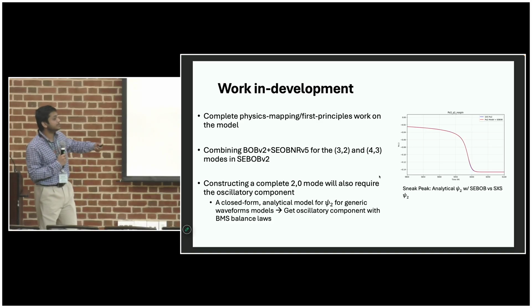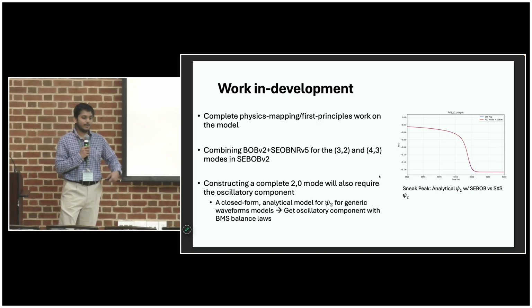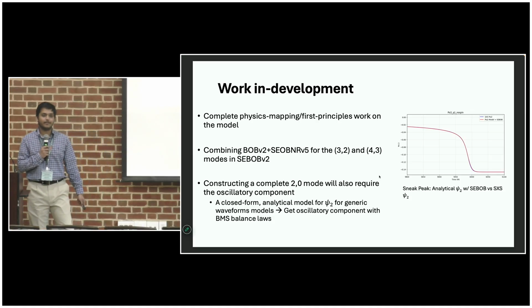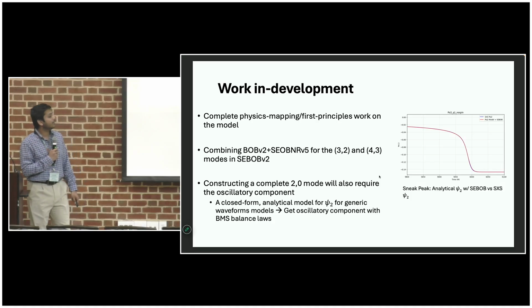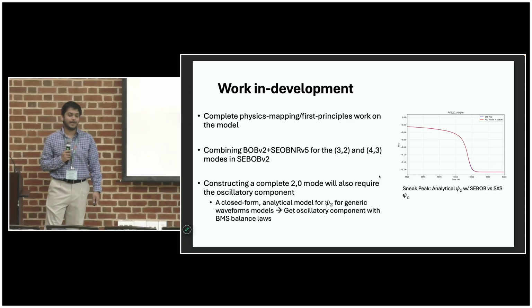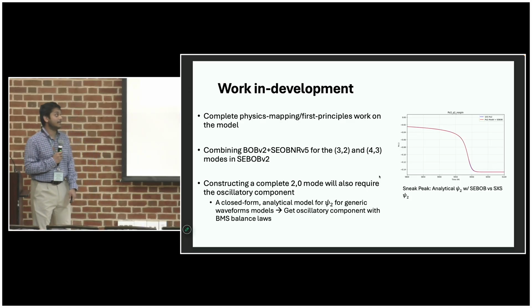In the future, when we want to fully make use of this model, we want to combine it with EOB. SEOBNRv5 already gives us the 3-2 and 4-3 spin-weighted spherical modes. In the future, my plan is to incorporate that with SEOBNR and make a more robust SEOBNR-Bob waveform model.